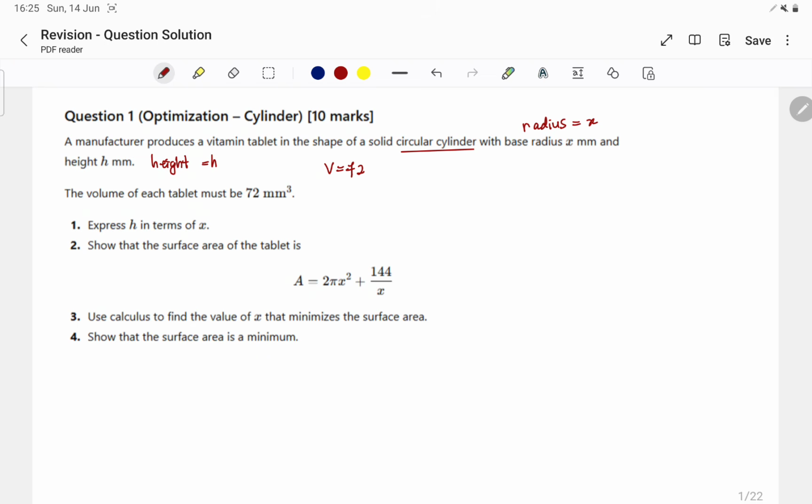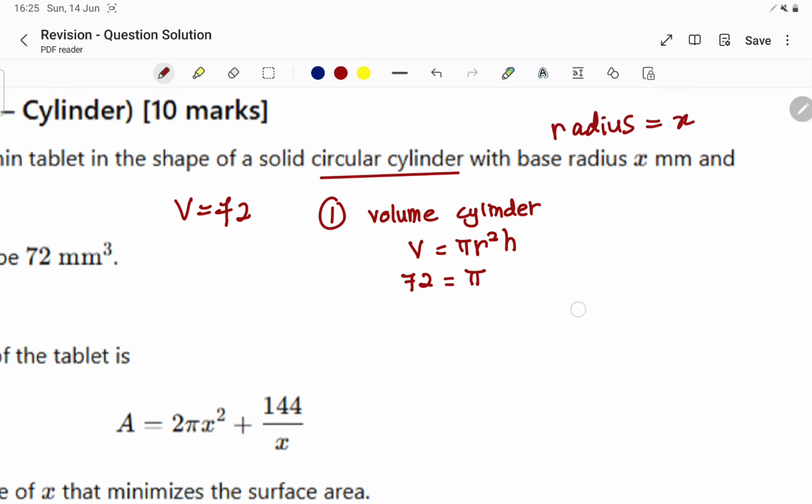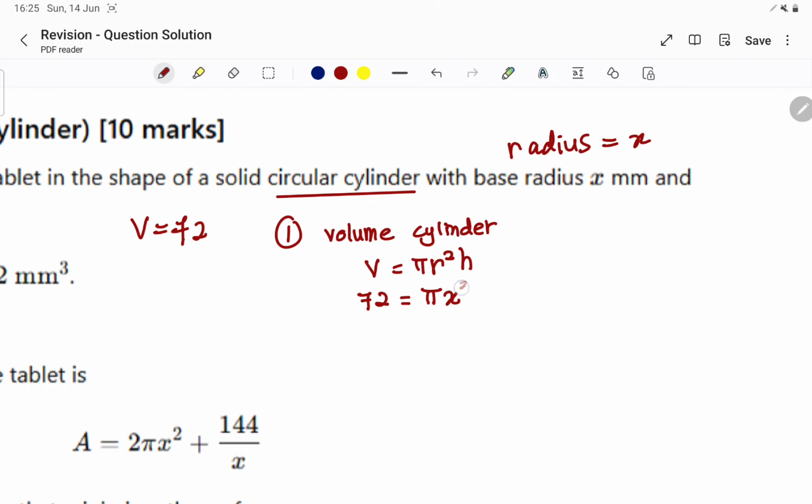So now we have a circular cylinder. The volume of a cylinder is equal to V = pi r squared h. V is equal to 72. Pi is a constant. r, which is our radius, we have to change to x, so x squared. h is our height.